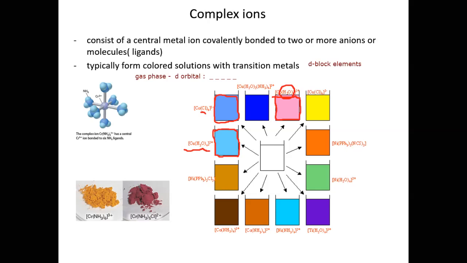But when we change copper's ligand to a chloride, it changes to a yellow color. So what I'm trying to show you is that when you change the ligands, you change the interactions between the ligand and the metal.